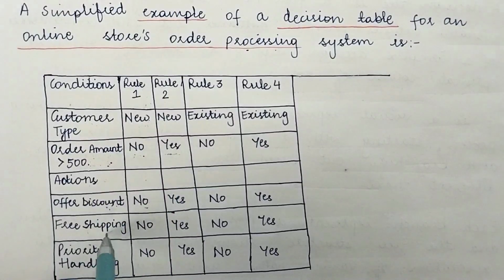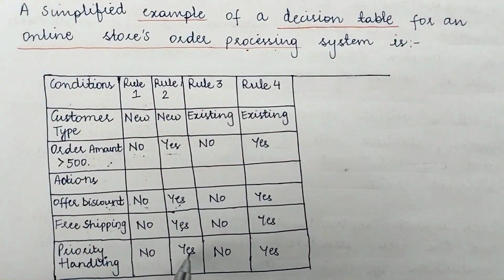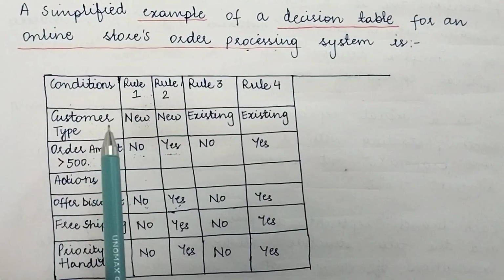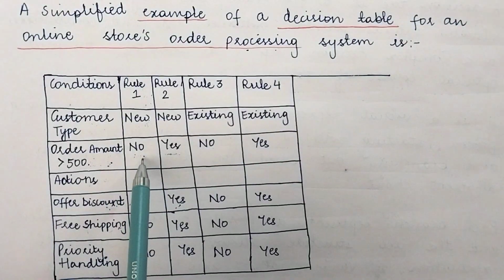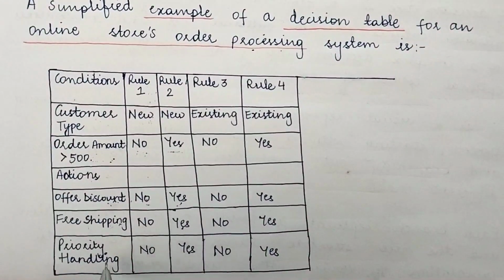Then the action that has to be taken is that yes, you have to offer a discount, yes, you have to give free shipping, and yes, you have to give priority handling. So you saw, as per Rule 1, the customer type was new, but the order amount was not greater than 500. In that case, we were not offering any discount, we were not giving any free shipping, and we were not giving any priority handling.